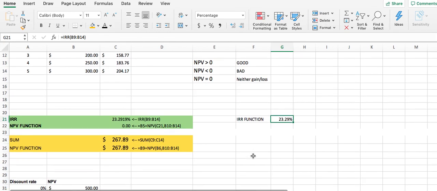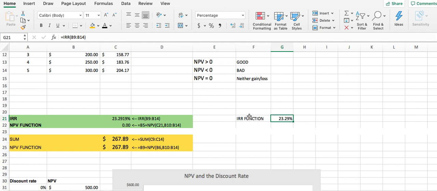We can also figure that out by using the net present value, by substituting the rate with the internal rate of return. Net present value function.